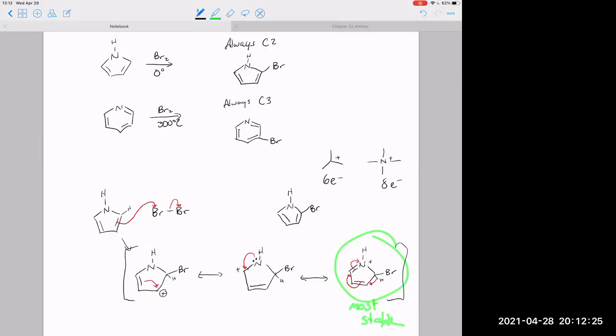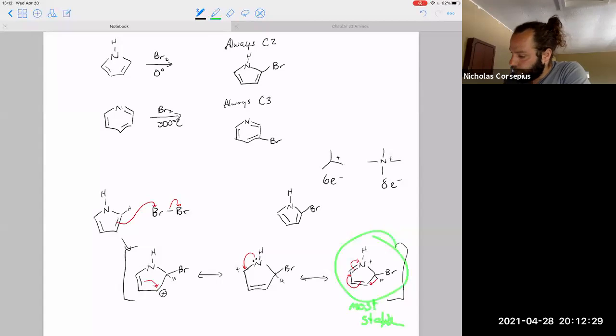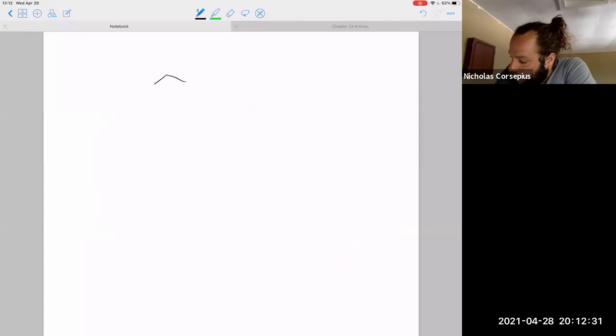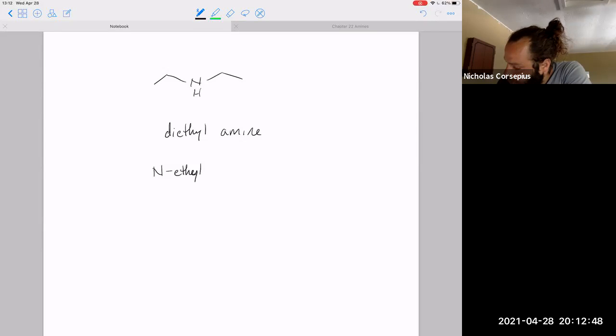Okay, yeah, that makes sense, because I was getting confused between the two of them. Yeah, so if we wanted to do an example, like diethylamine, this would be the common name. If you were going to do the IUPAC name, this would be N-ethylethanamine.